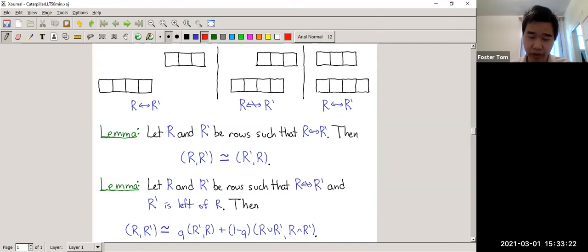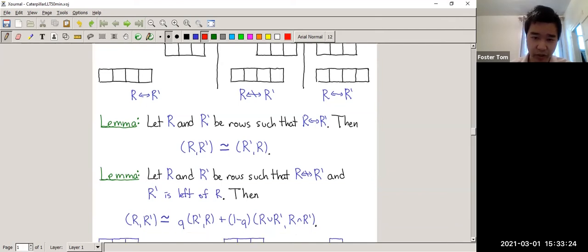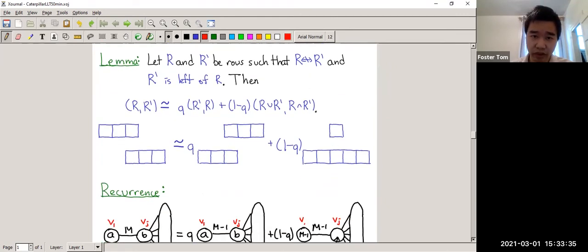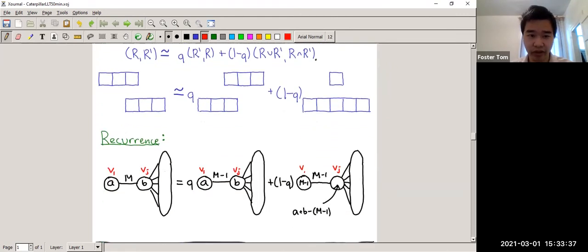And then by combining the two results, I get this other one that if two rows do not commute, then I get some sort of linear equivalence relation that looks like this. And really, maybe I won't dwell too much into it, but what it gives me is a recurrence on LLT polynomials that I can express in terms of these weighted graphs.